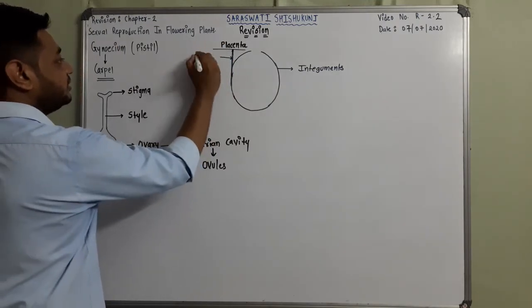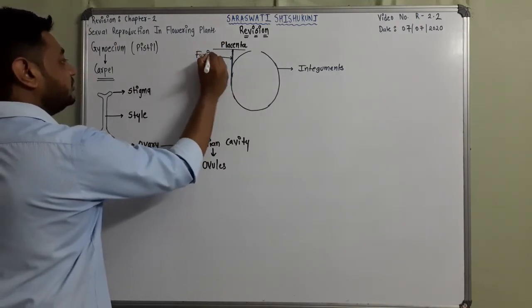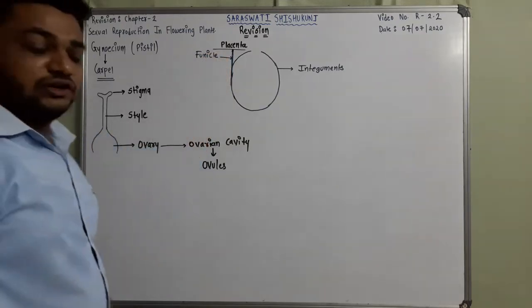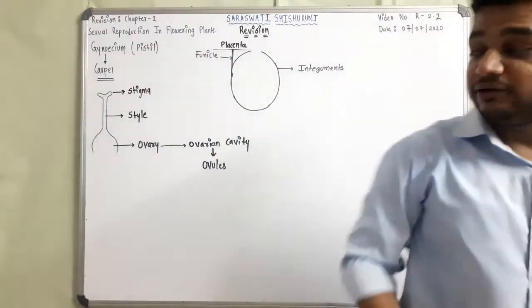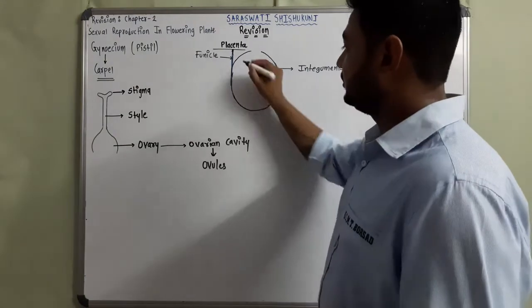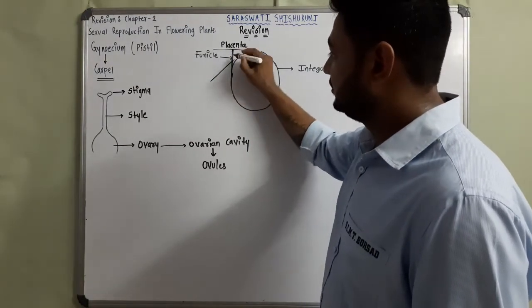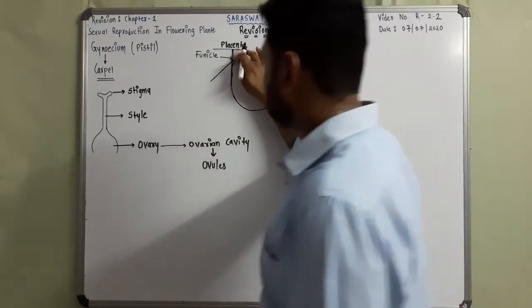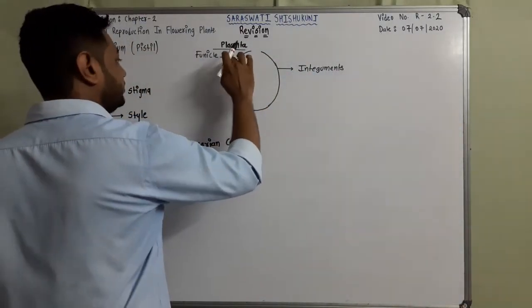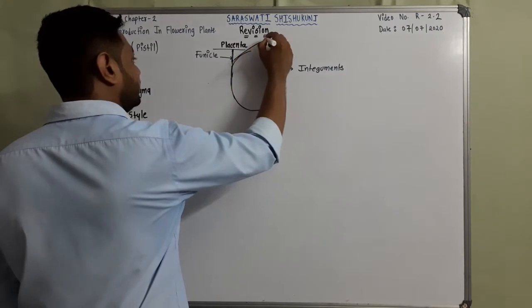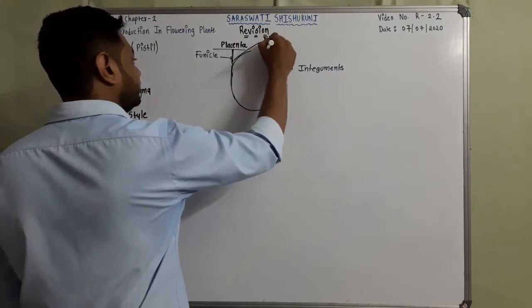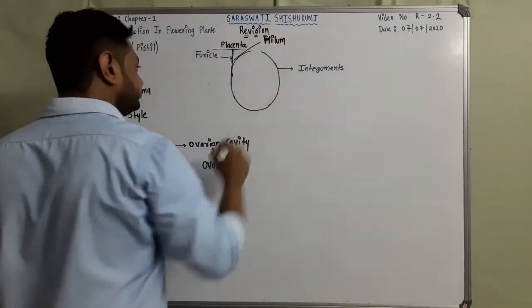Now the place where the funicle joins the ovule forms a hilum. So this part can be said to be the hilum, right? So we can label it over here like this. This is hilum.